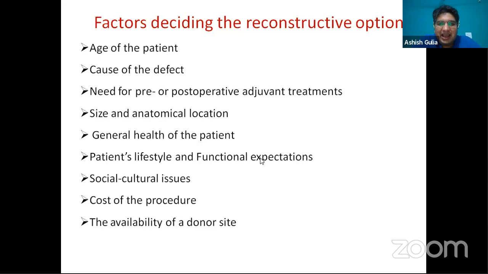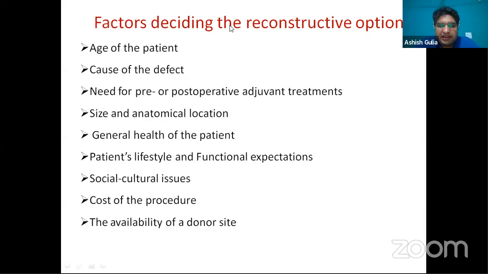You need to consider the age of the patient. For example, if the patients are younger, then maybe you can use only patient-sterilized tumor bone because their osteoinductive properties are much higher. You also need to see what is the cause of the defect. What exactly we mean is the etiology.